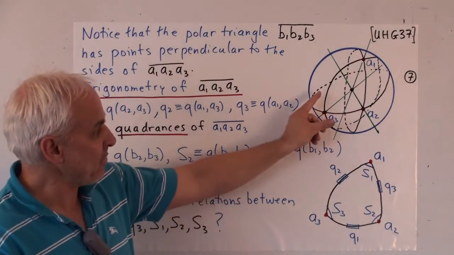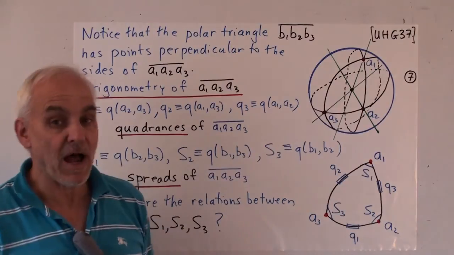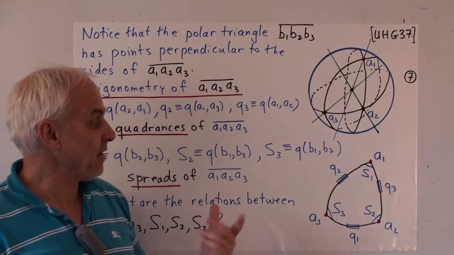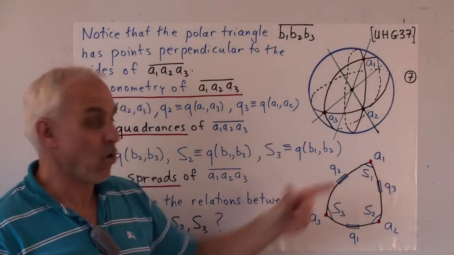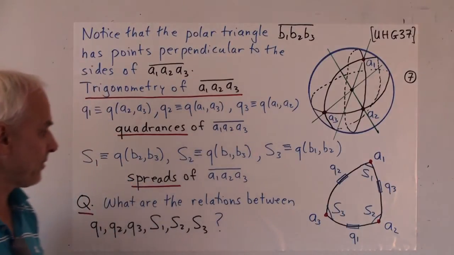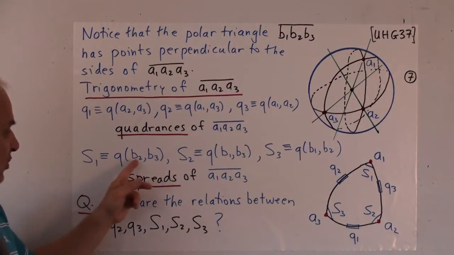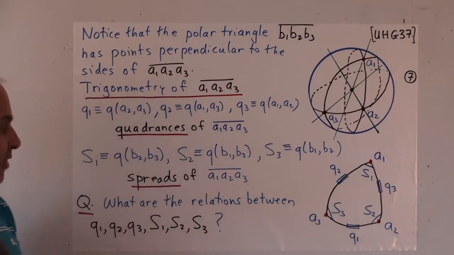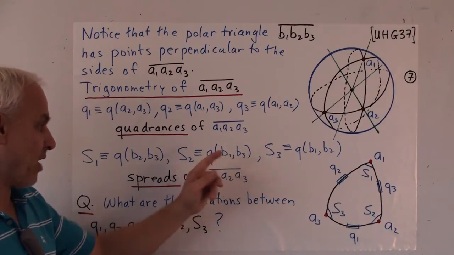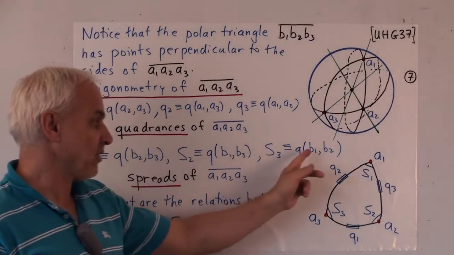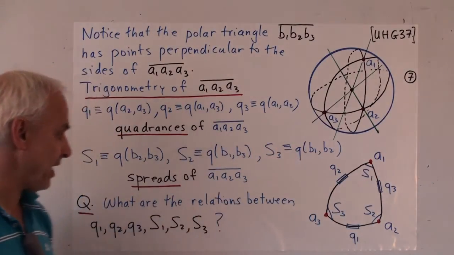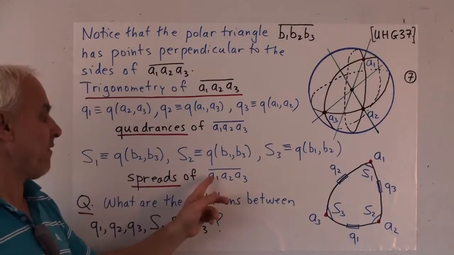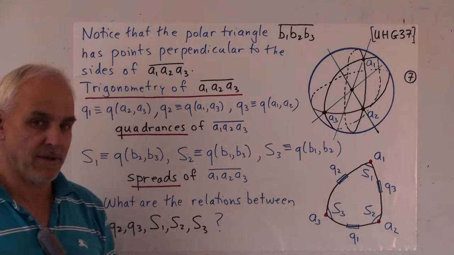We're saying that the spread between these two projective lines can be thought of as being the quadrance between the normal lines. So the quadrance between B2, B3, we're calling that capital S1 because it's a projective spread. Quadrance between B1, B3 is capital S2. The quadrance between B1 and B2 is capital S3. We call these the spreads of the triangle A1, A2, A3.